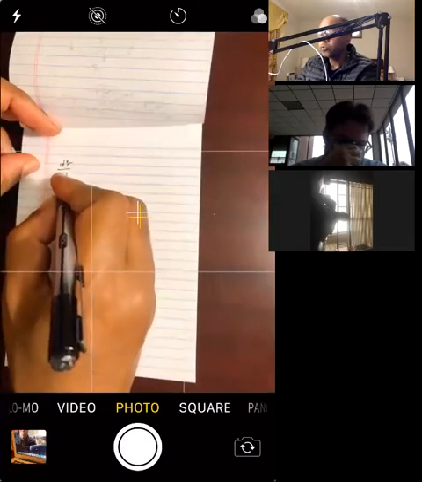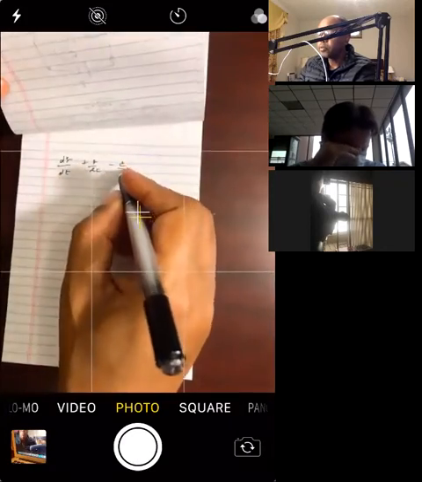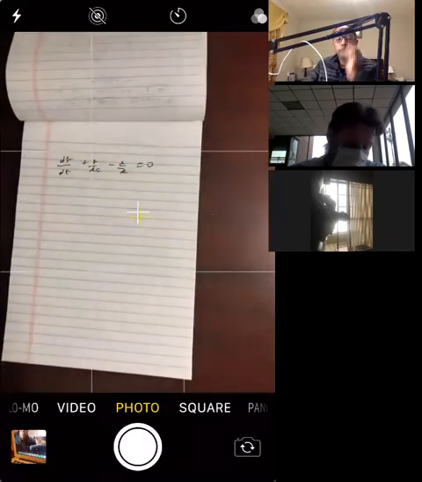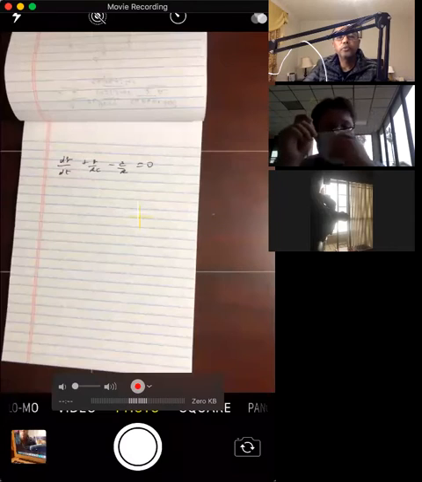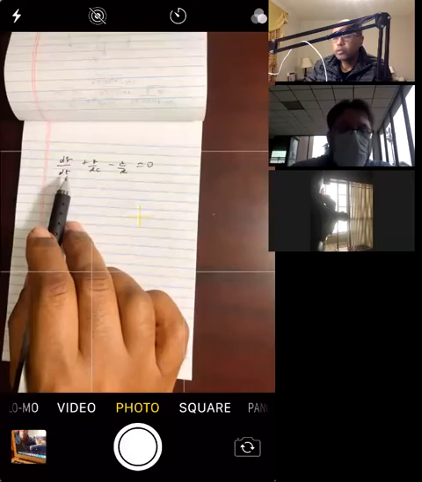So we have the derivative of charge with respect to time, plus q over rc, and then minus e over r equals 0. So we're trying to separate the time and charge variables.